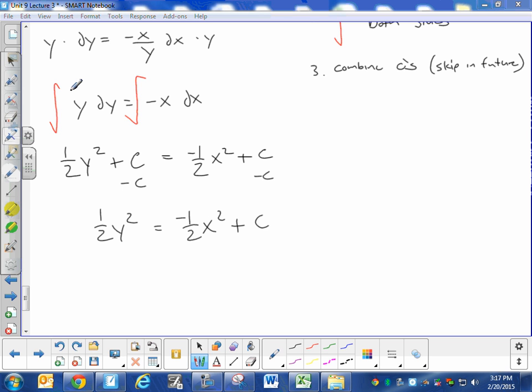Okay? Well, you did it. This is it. This is your general solution. This is an implicit function. If I took the derivative of this, I would get negative x over y. So, not that bad, right?